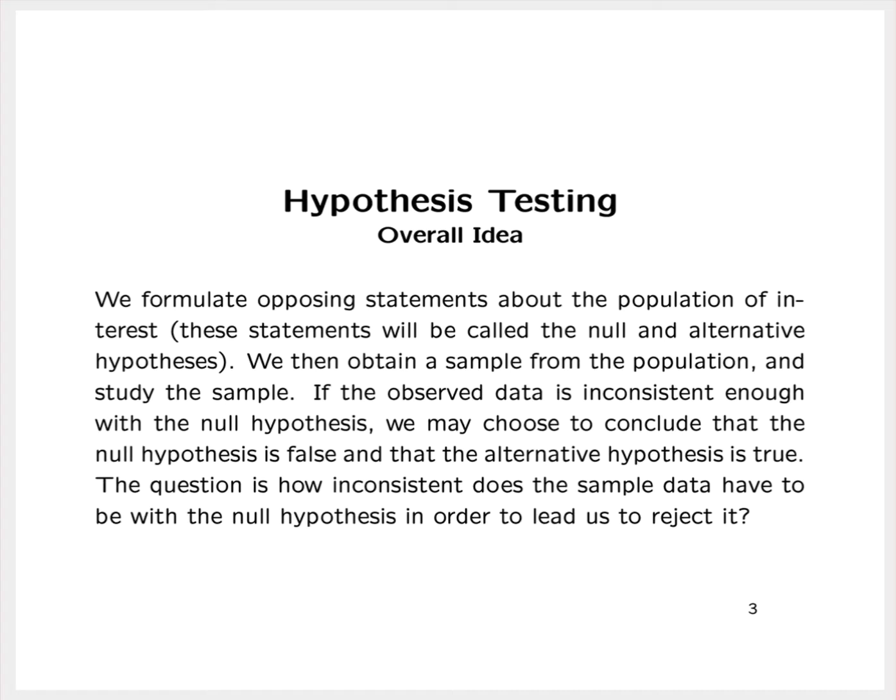Now, the overall idea behind hypothesis testing is the following. We formulate opposing statements about the population of interest. These statements will be called the null and alternative hypotheses. We then obtain a sample from the population, and we study the sample using the descriptive statistics that we have looked at up to this point.